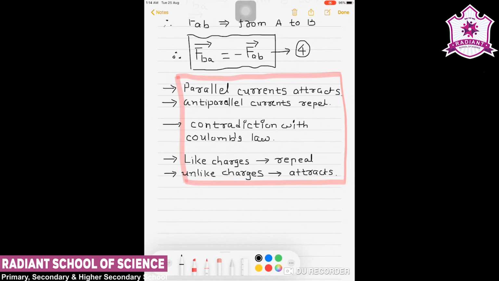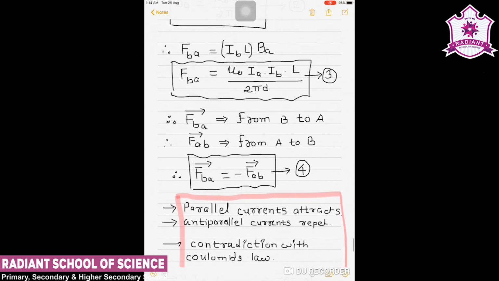Now one more thing we can apply: generally, for a long wire length, we use this force in terms of force per unit length. So if I write the equation as FBA over L, that L term goes to the denominator from equation number 3.